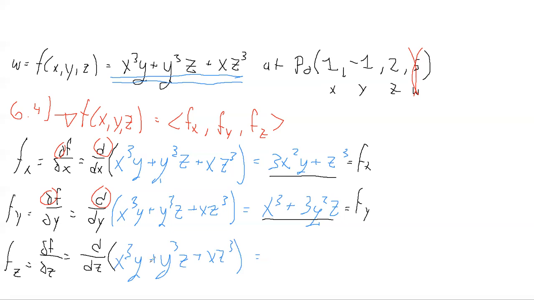All right, so derivative of z. There's no z value here, so that'll be 0. There's a z value here, and the derivative of z is just 1. And then there's a z value here, so it'll be 3x z squared. Let me just make sure I got all of these things right. Yeah, I got all of these things right.